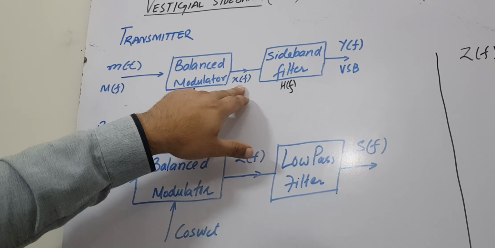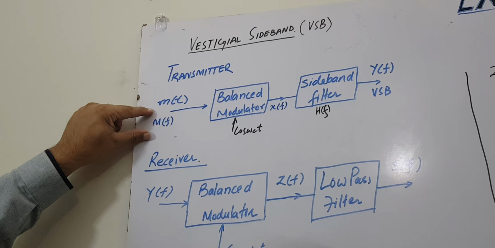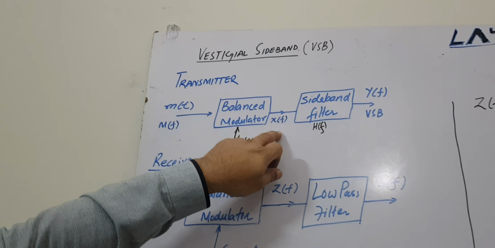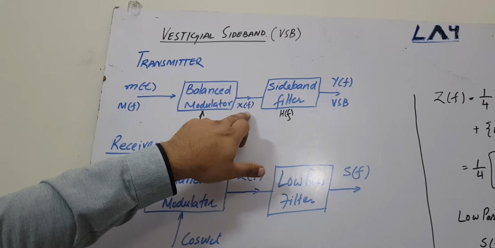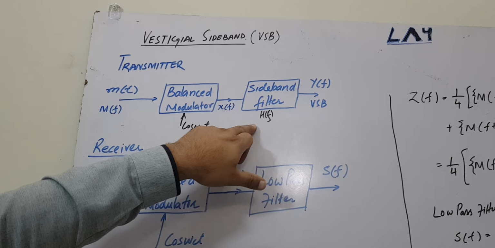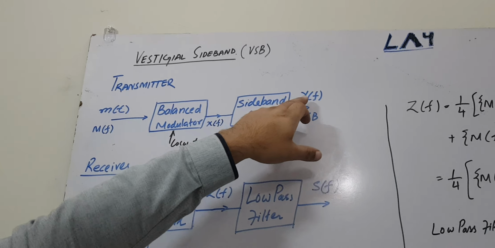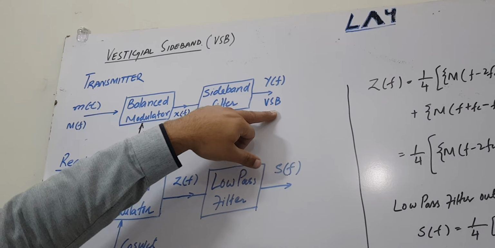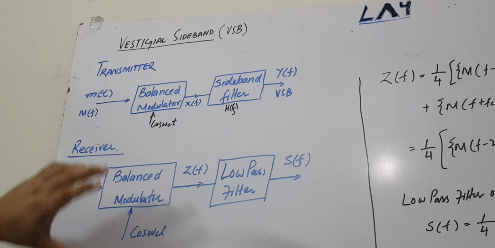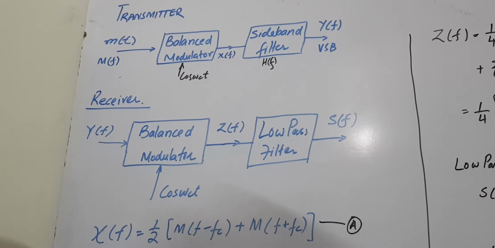So that is why it is X of f, and the frequency domain of the message signal is M of f. Similarly, the output of the balanced modulator, X of f, is the input to the sideband filter whose response is H of f, and at the output you get Y of f, which is the vestigial sideband signal.